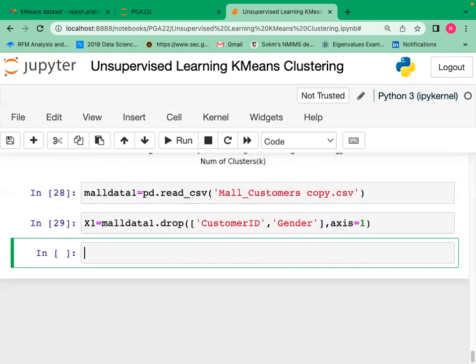So I've dropped customer ID and gender. I re-imported the data as small data 1.